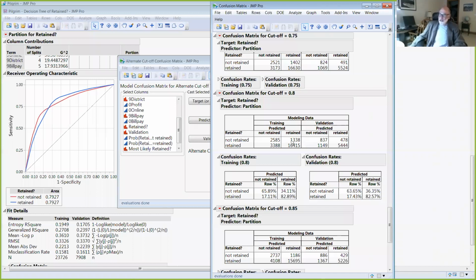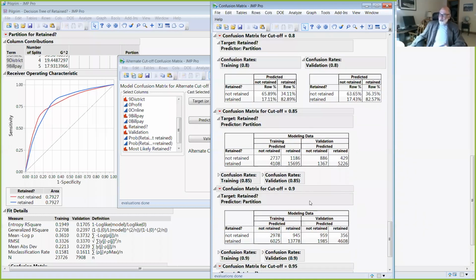The numbers are actually shown up here, so we do want to not just know percents, we want to know how many people we're talking about. In the validation set, the numbers are not that different. So it's 36% over here and 17% over here and here. So you can see all of these cutoffs.